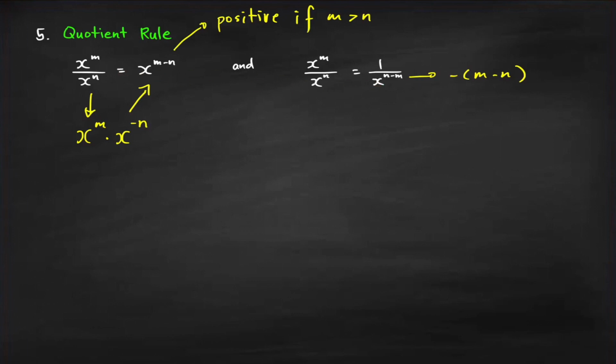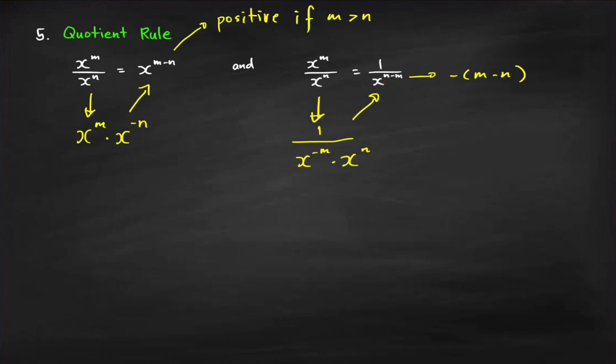If we look at the second expression again, you can actually move the numerator to the denominator and it will give you 1 over x to the negative m times x to the n. And here you apply again the product rule, which gives you 1 over x raised to the sum of the powers negative m and n, which is actually equal to n minus m.